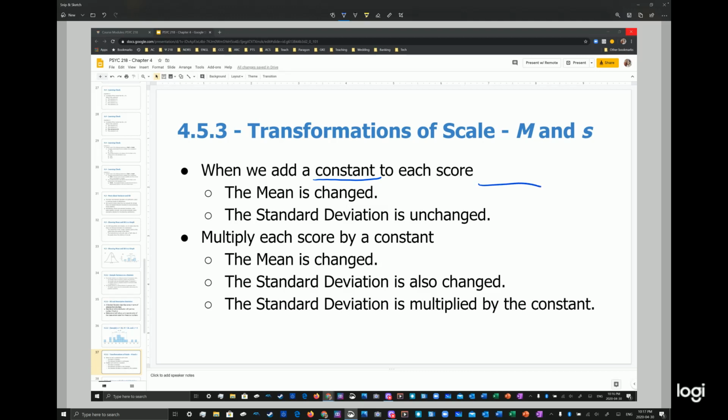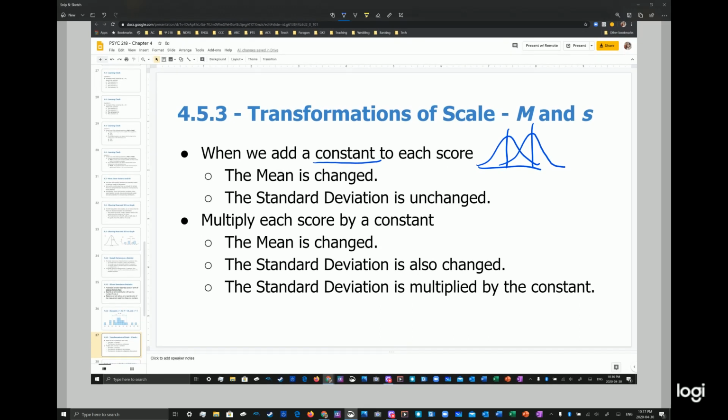Because if you think about it, shifting a distribution, every score, does change the mean because the mean measures the center, or in this case, the expected value. But the standard deviation doesn't change because you applied a constant to every score, so it doesn't change the shape of it. It changes the position, it shifts the distribution, but it doesn't change it.